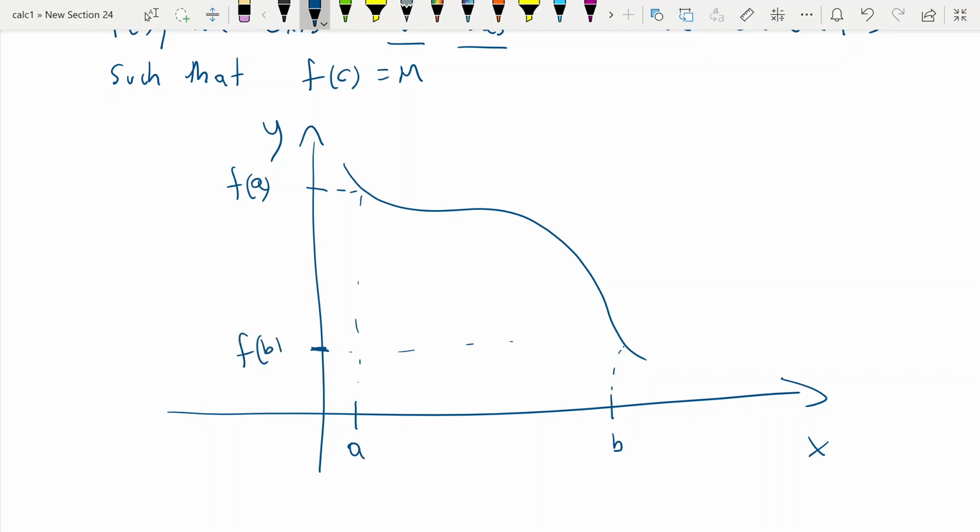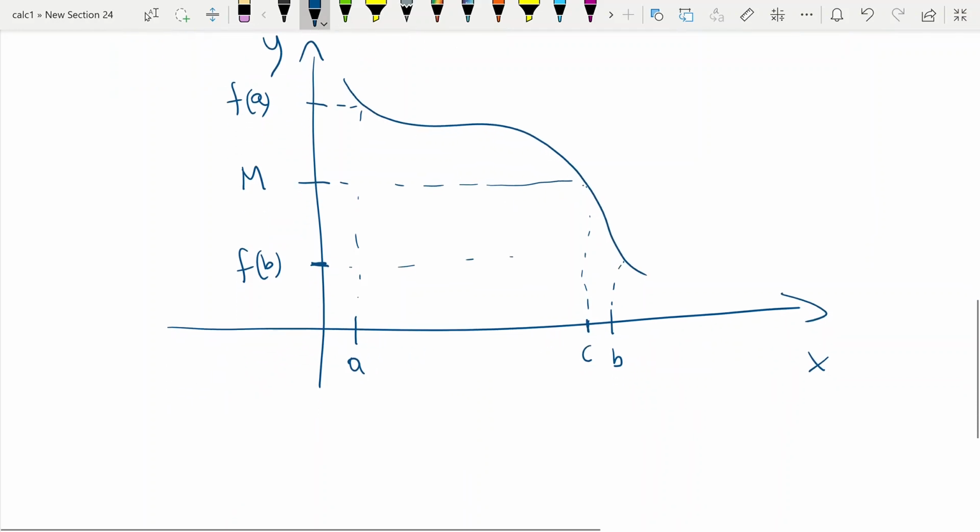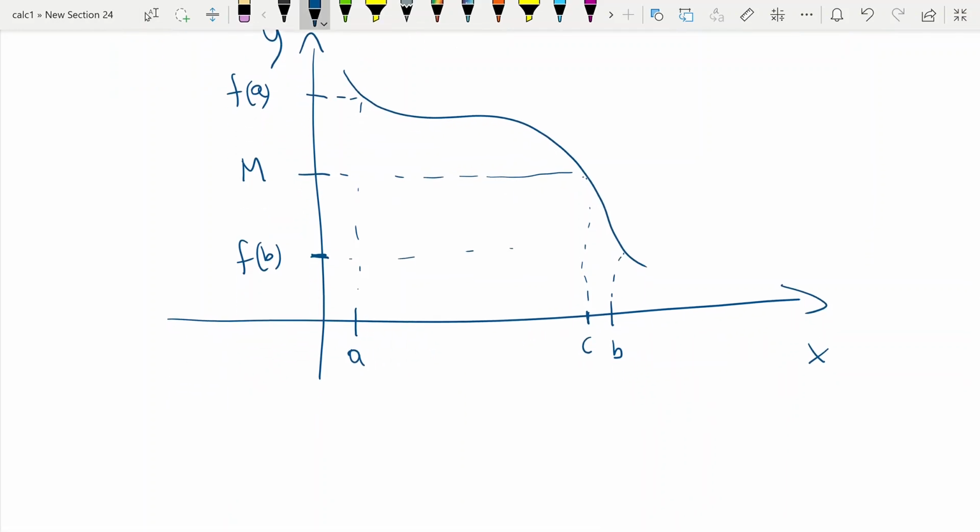This is f of b. So if we pick any m in between these two values, if we go back to the domain of f, we'll find that there's one value c down here, such that that c is mapped to that value m.